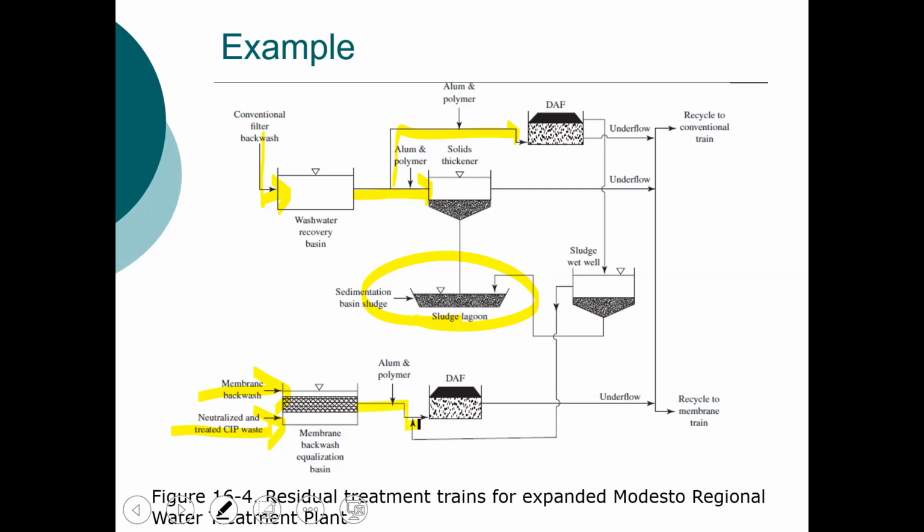And then they use alum and polymer for the dissolved air flotation and combine their streams and ultimately treat with a sludge lagoon.